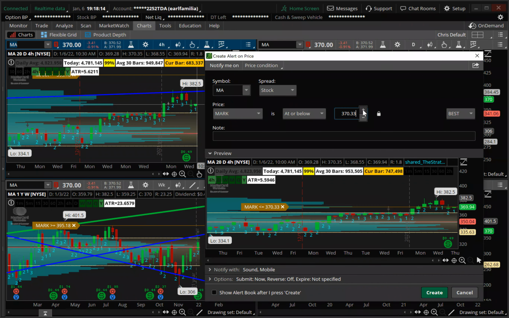It's already above 330. Okay. You see how MasterCard is showing more strength than the rest of the XLK stocks.